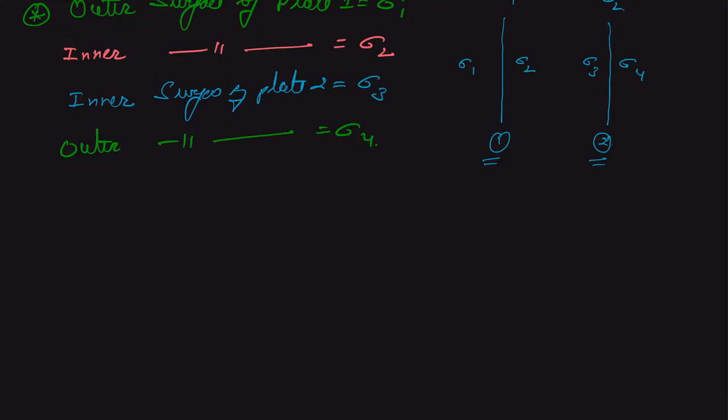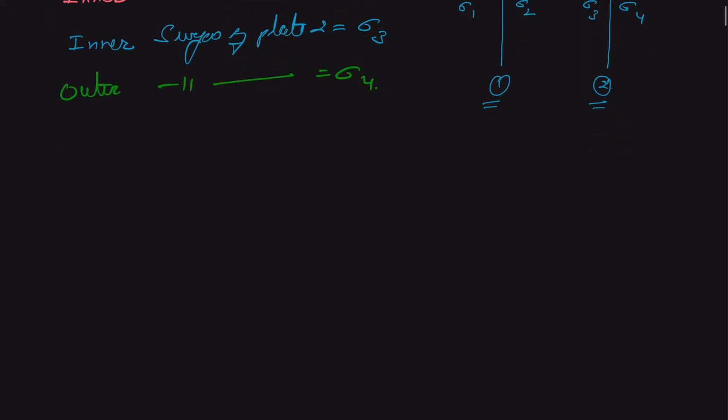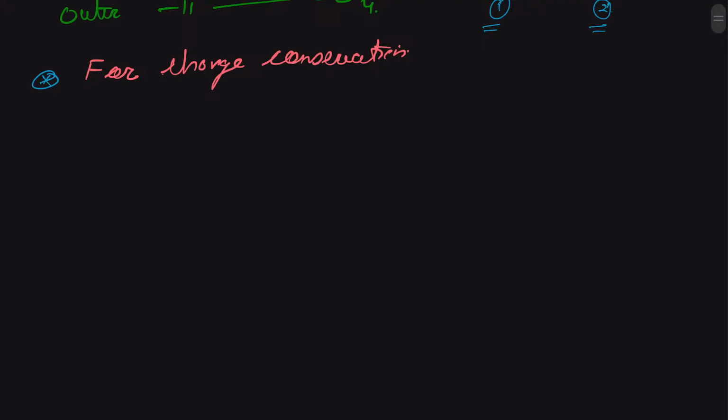And with respect to charge conservation, we can write that the basic formula for plate 1 will be equal to the total charge divided by the area.